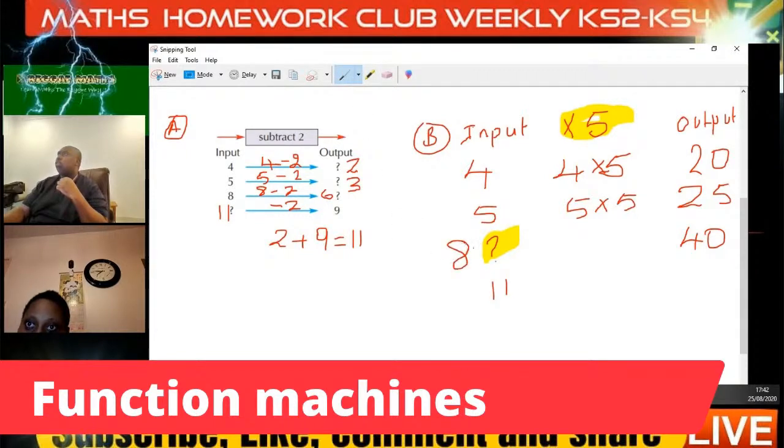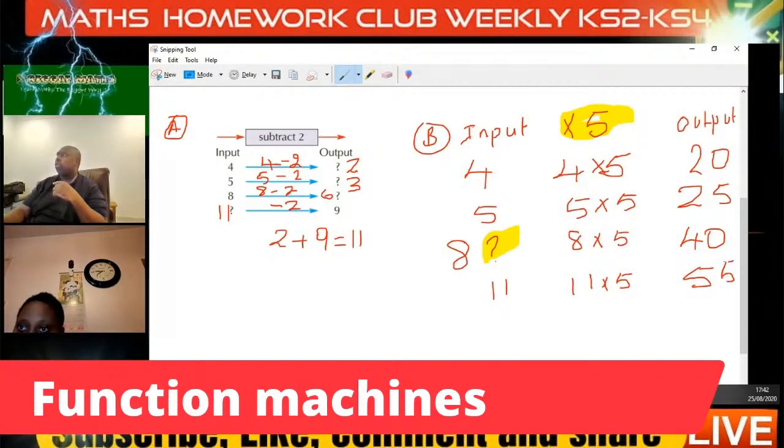That's really good. 8. Well done. So I can write it 8 times 5 gives you 40. Then the next final one is 11 times by 5. 55.